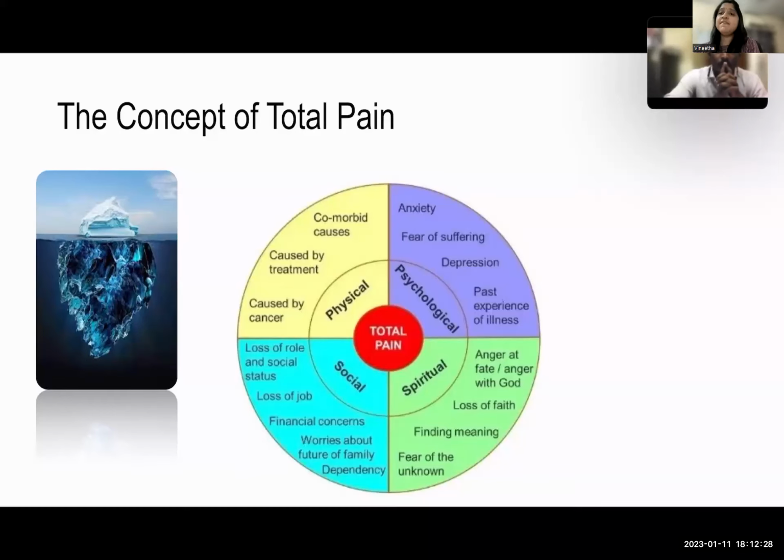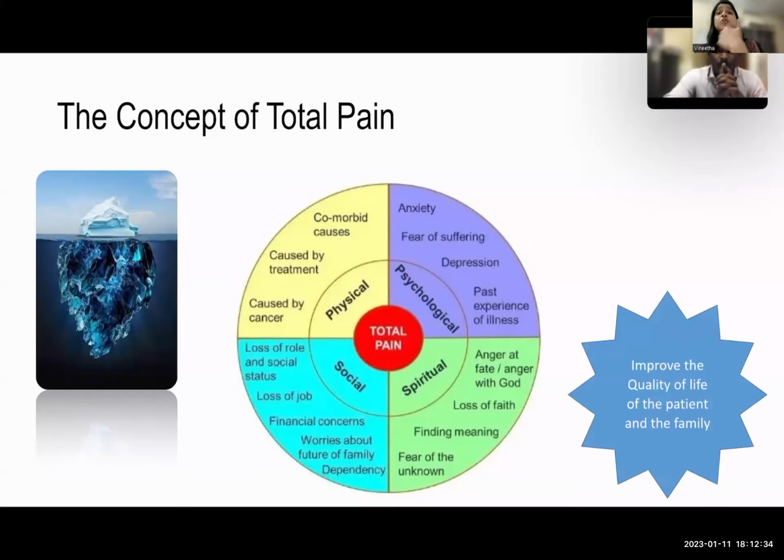And when we deal with such patients, our aim is not just to provide pain relief. Our aim is to improve the quality of life. If you have to improve the quality of life and the functionality, you have to look at all these 4 domains and understand the concept of total pain.